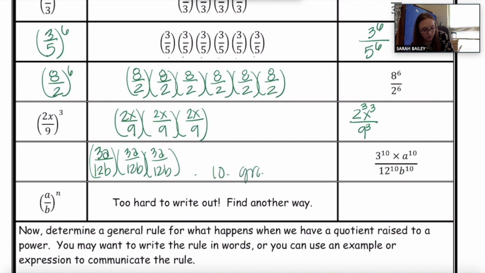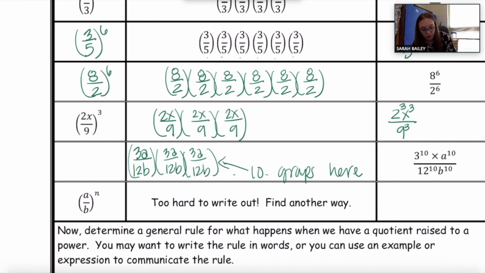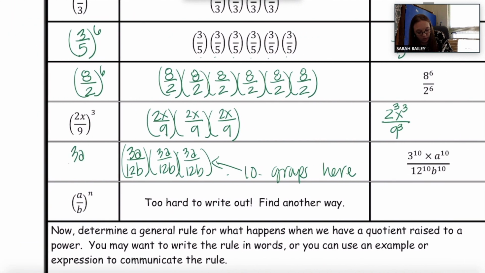I'm going to write 10 groups here. So there are 10 groups of this. So what did it look like to begin with then? It must have been 3a over 12b all to the 10th power.